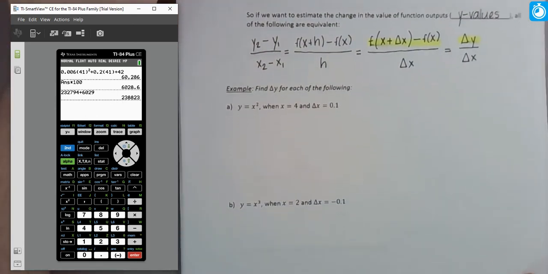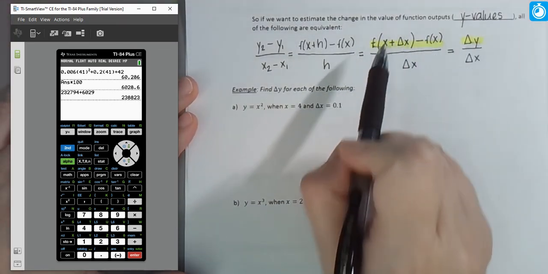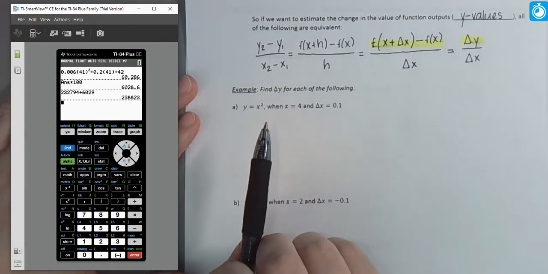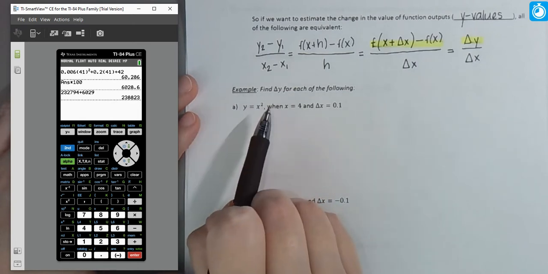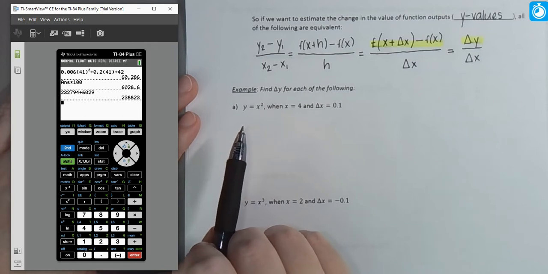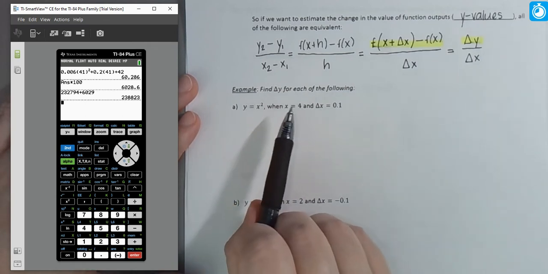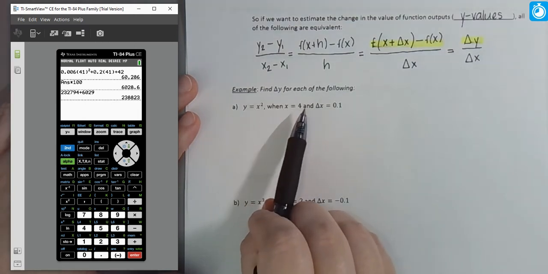So using this relationship we have here, let's try an example just evaluating delta y. So we want to find delta y for each of the following. So suppose our function y is defined as y is equal to x squared. We want to determine what's happening, how are the y values changing when our x value is equal to 4. In other words, that's our starting x value.